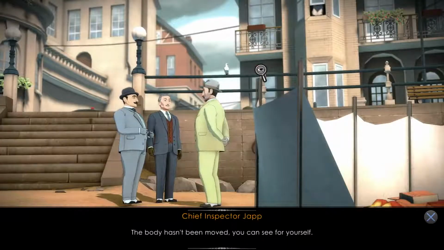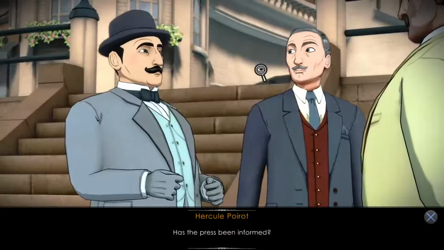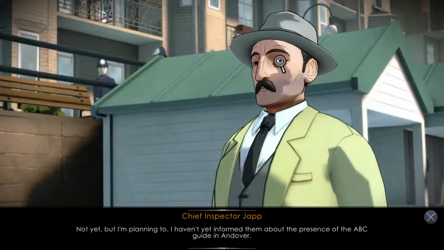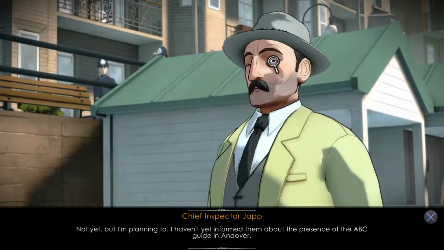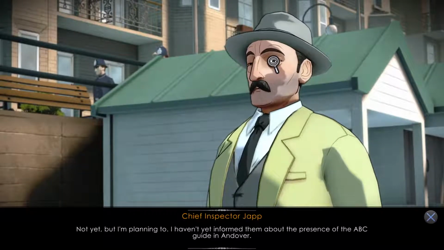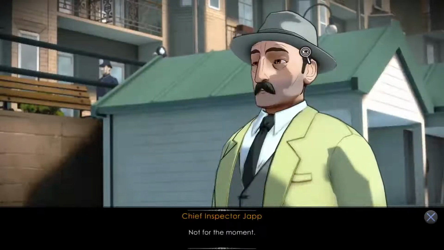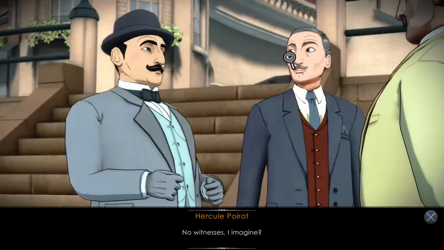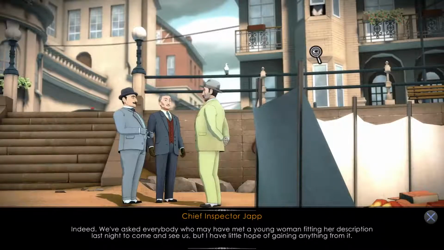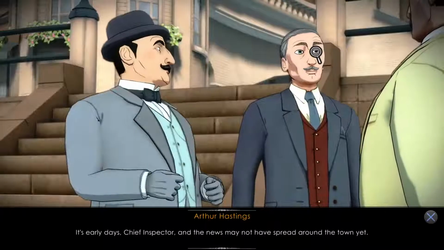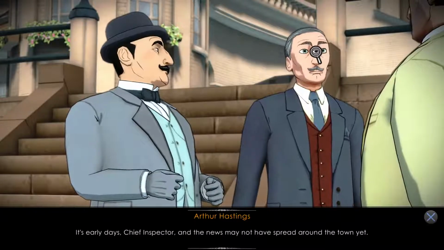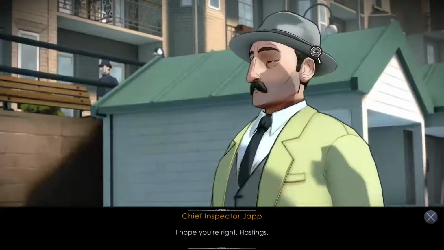You can see for yourself. Has the press been informed? Not yet, but I'm planning to. I haven't yet informed them about the presence of the ABC guide in Andover. Nobody has reported a young woman missing? Not for the moment. No witnesses, I imagine? Indeed. We've asked everybody who may have met a young woman fitting her description last night to come and see us, but I have little hope of gaining anything from it. It's early days, Chief Inspector, and the news may not have spread around the town yet. I hope you're right, Hastings.